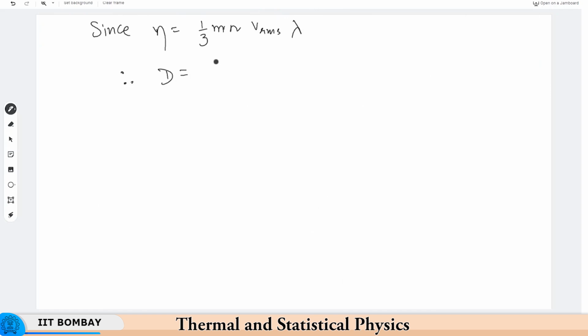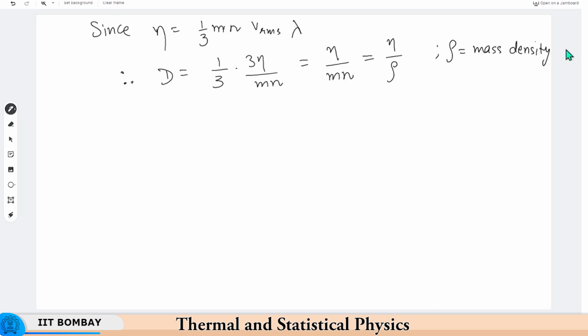So, this just becomes 1 by 3 times 3 eta divided by m n, and this is nothing but eta divided by m n. And what is m? m is the mass of one molecule. What is n? That is the number density. So, therefore, m times n is the mass density, and let us call that rho. So, another expression for the diffusion coefficient is eta divided by rho.